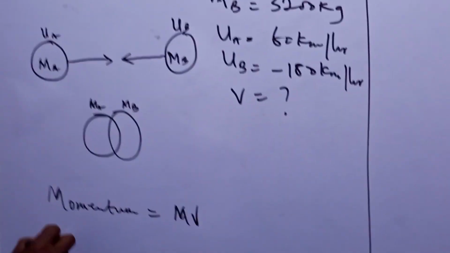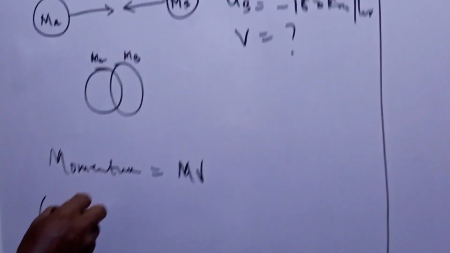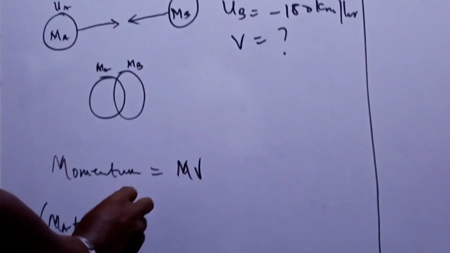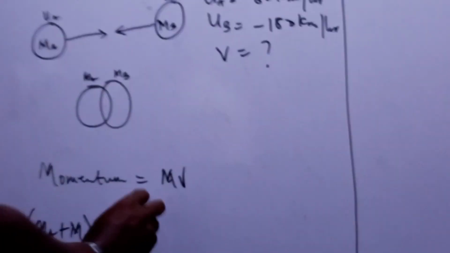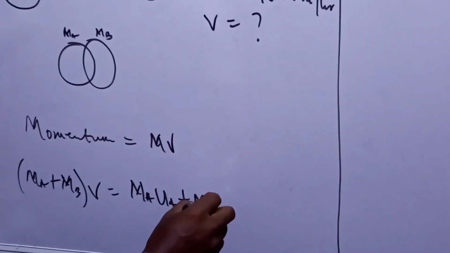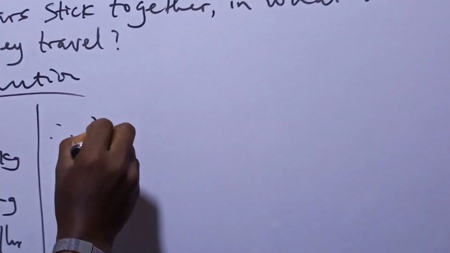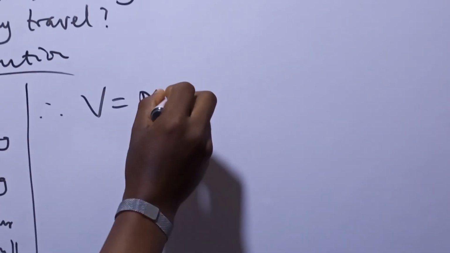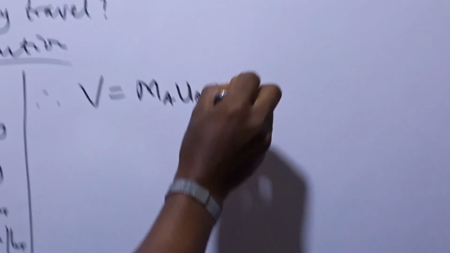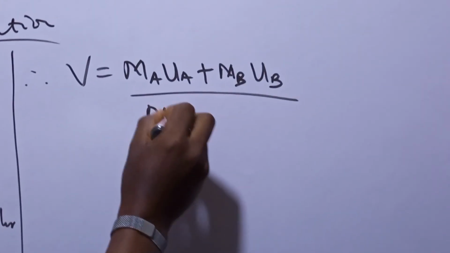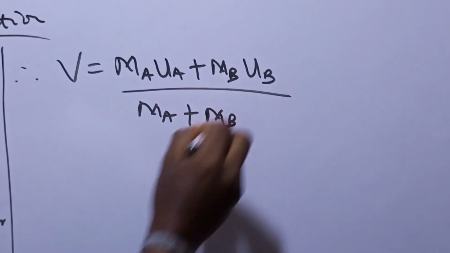Therefore, mass of A plus mass of B multiplied by final velocity equals mass of A, initial velocity of A, plus mass of B, initial velocity of B. Therefore, the velocity here equals the mass of A multiplied by initial velocity of A plus mass of B by initial velocity of B divided by mass of A plus mass of B.